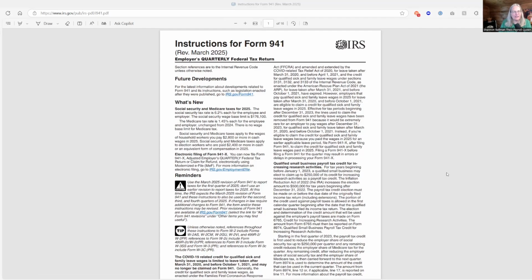If changes in law require additional changes to the Form 941, the form and/or these instructions may be revised. Prior revisions of Form 941 are available at the IRS website.